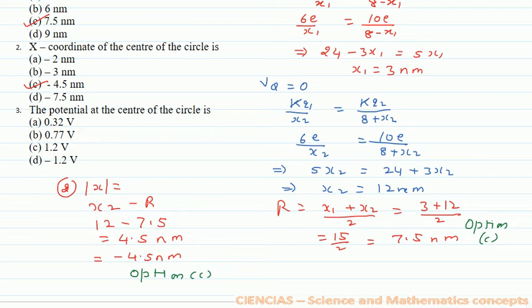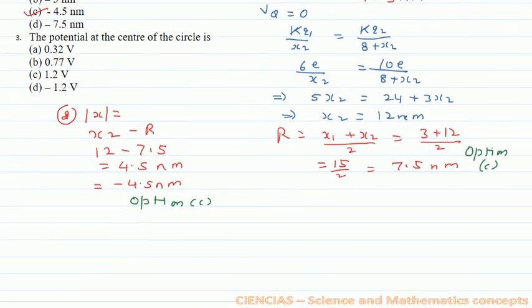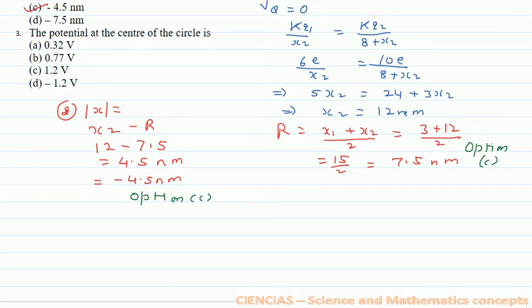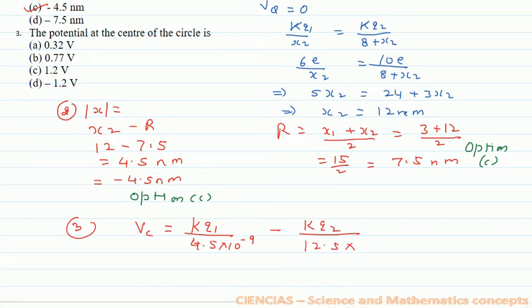The third question: the potential at the center of the circle. Now we have to find the potential at the center. So potential at the center will be given by kq1 upon 4.5 into 10 to the power minus 9 minus kq2 upon 12.5 into 10 to the power minus 9.